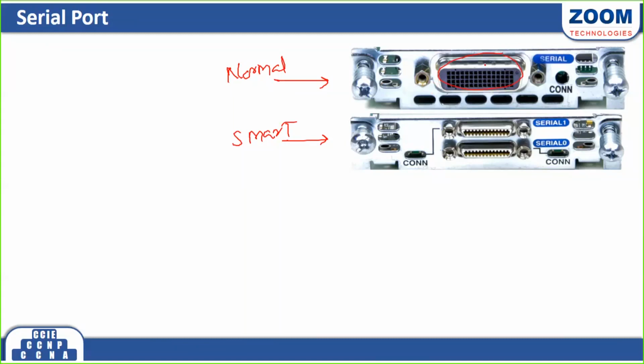In case of a smart serial slot, how many ports are available? 2. 2 ports, serial 0, serial 1. So we can connect 2 branches. In one slot, 2 ports are available. In the other, only one port is available. So which is the best? Smart serial. Normal is outdated actually.